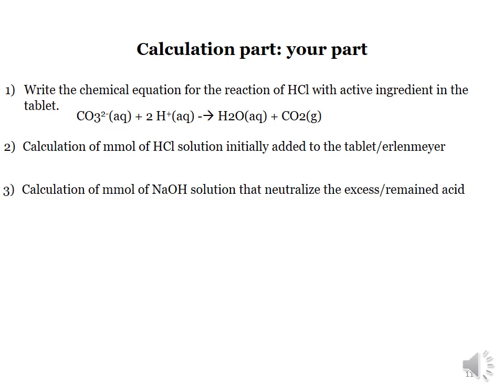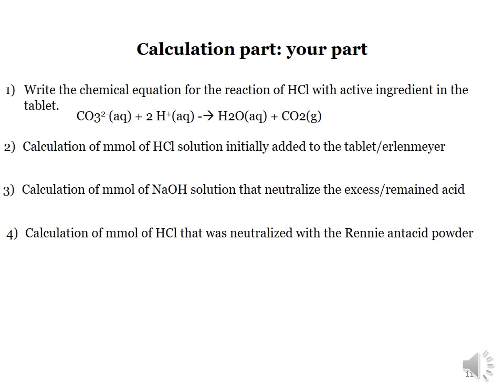The next thing is to calculate the number of moles, in millimoles, of NaOH solution that neutralizes the excess, the remaining or the leftover acid. I think this is also quite easy. It is the number of millimoles of NaOH that we added from the burette into the Erlenmeyer. There is nothing easier than this.